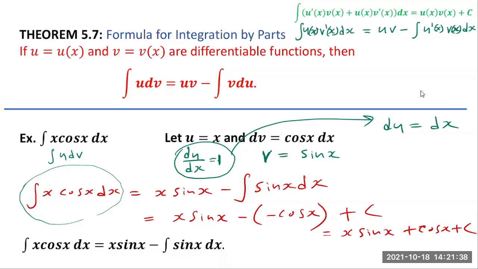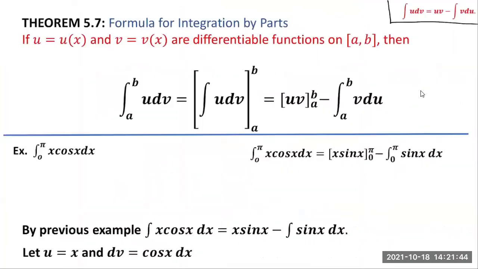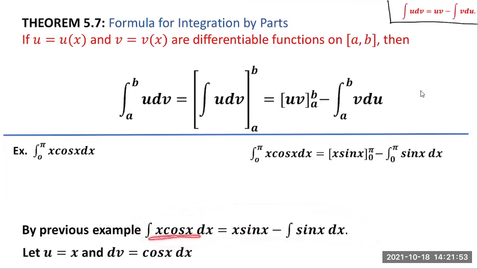So I'm copying this formula to the slide. I just copied the result here. The integration of x cosine x is equal to x sine x minus the integral of sine x dx.